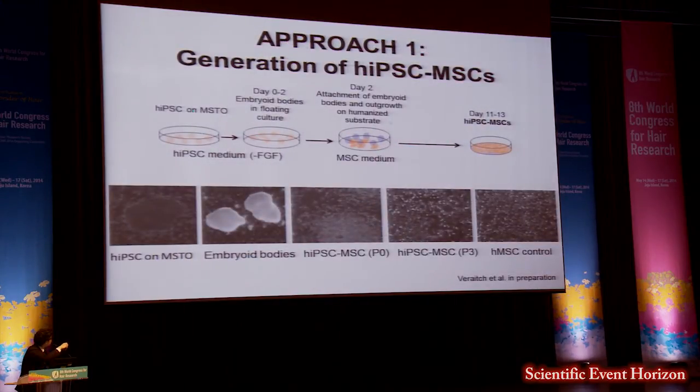From human iPSCs, embryoid bodies are formed, and then using the mesenchymal induction condition, we can get the human MSCs, as you can see here. These are the processes, and the human MSCs can be passaged. And these are bone marrow derived human MSCs as a control comparison.